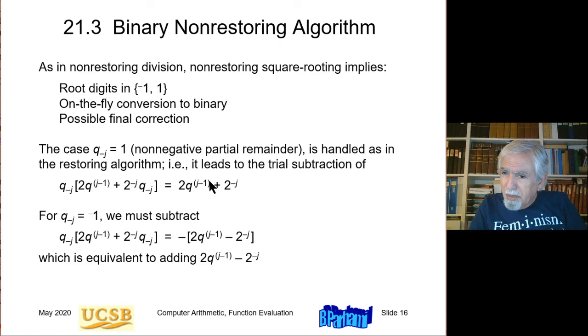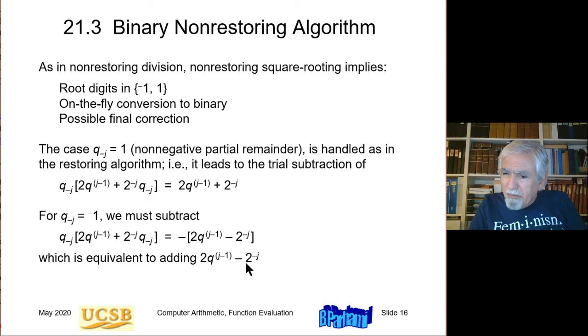Remember here, this number is basically appending a 1 at position minus j. So when I shift this to the left by 1 bit, position minus j is guaranteed to be 0. It's empty. So adding 2 to the minus j is simply changing that 0 to 1. It doesn't involve any arithmetic operations. It's just adding a 1 at that particular position.